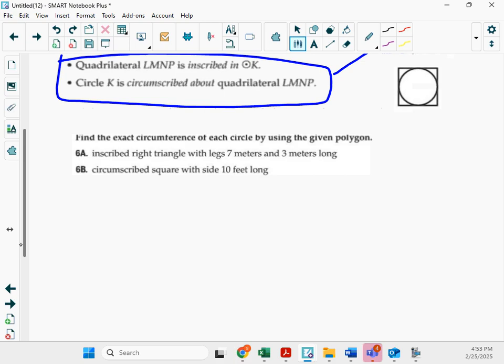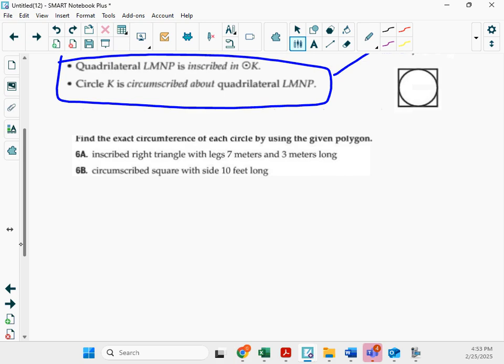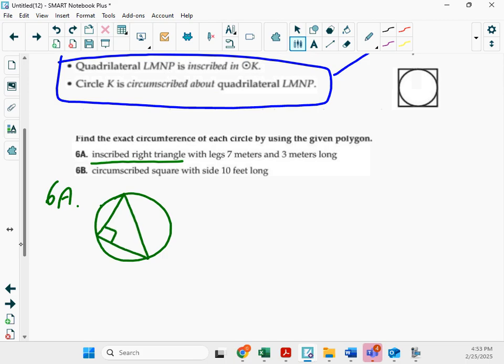So let's draw these and then find the circumference. Inscribed right triangle. What does that mean? Does that mean the right triangle is going to be inside the circle or outside the circle? That means the triangle is going to be inside the circle. And it's a right triangle.